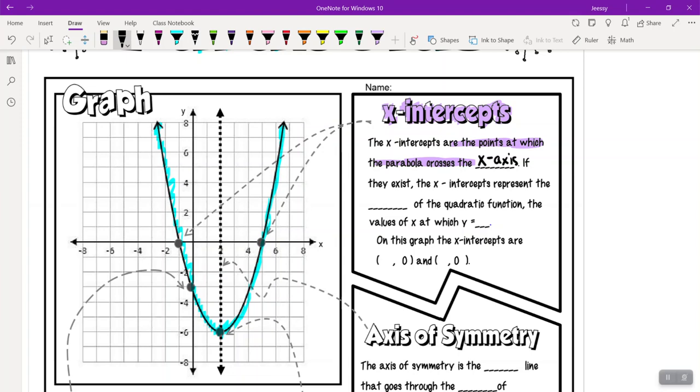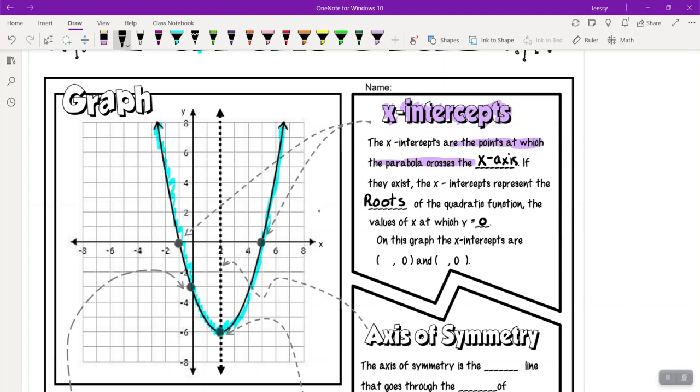The x-intercepts are going to be the points at which the parabola crosses or touches the x-axis. If they exist, the x-intercepts are going to represent the roots of the quadratic function. That's going to be the value at which y equals 0.